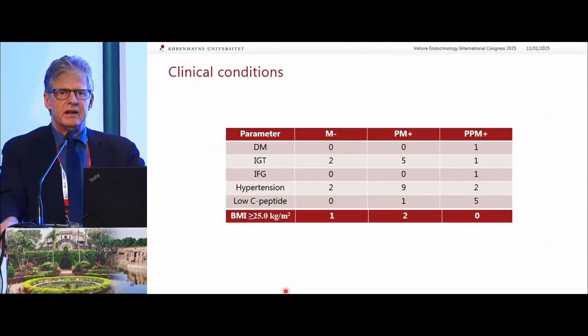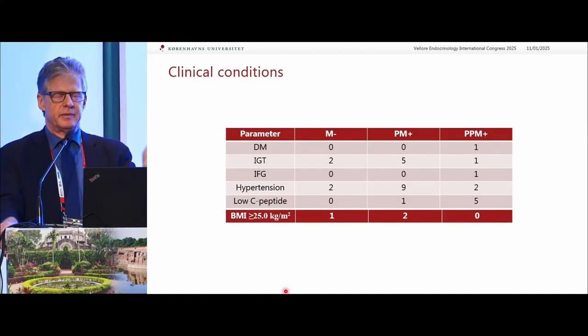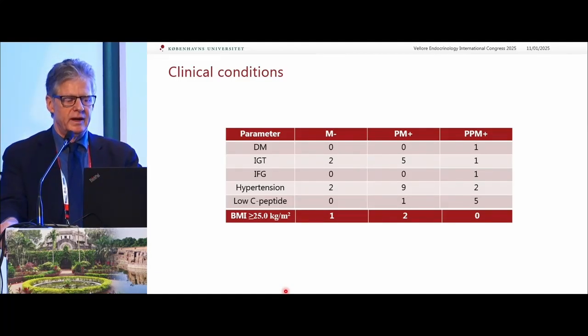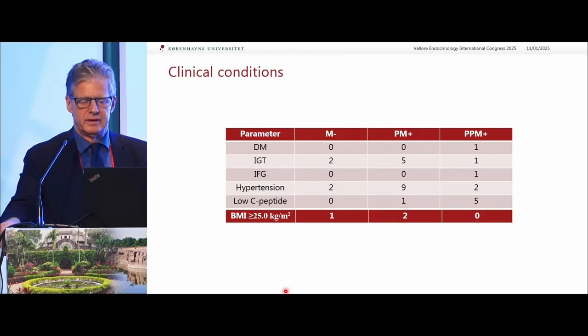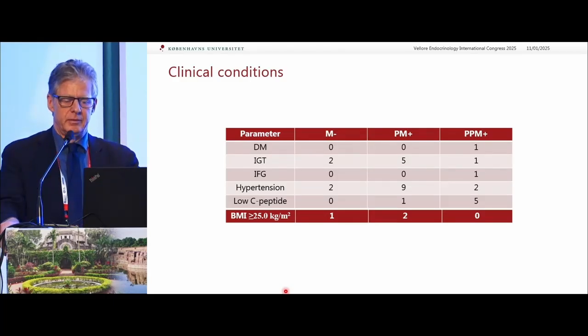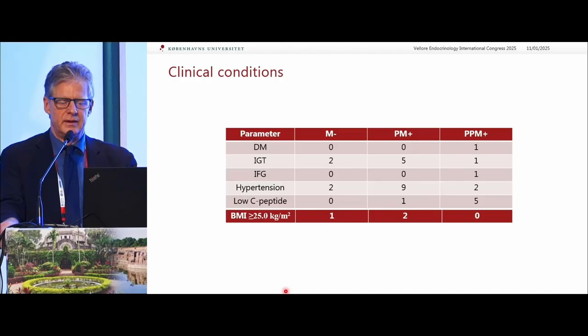But if we look at clinical conditions, not the continuous variables, but those who had clinical conditions, results showed that there was one with diabetes, and that person was in the peripheral and placental malaria group. IGT we saw in all three groups, and IFG only in the peripheral and placental malaria group.